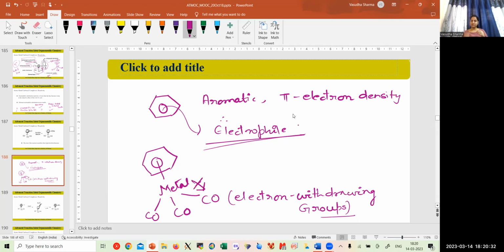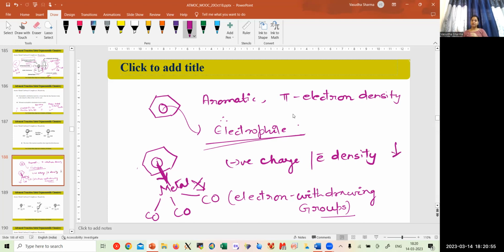So the electron density, the dipole moment is towards these carbonyls, and then the metal will take up the electron density from this particular aromatic species. So the negative charge or the electron density on that arene moiety has now been reduced.